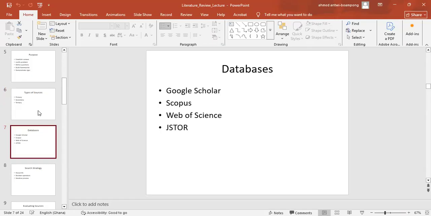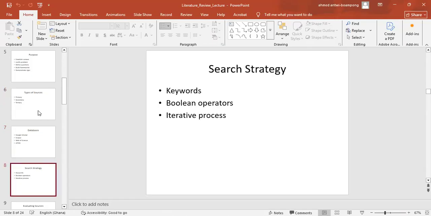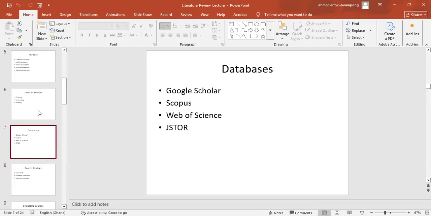So in conducting a literature review, you must what? Evaluate the journal, the methodology that was used, the recency of the publication, and then the relevance of the findings. This is what would separate a researcher from a student. You go into Google Scholar, you get all sorts of papers.